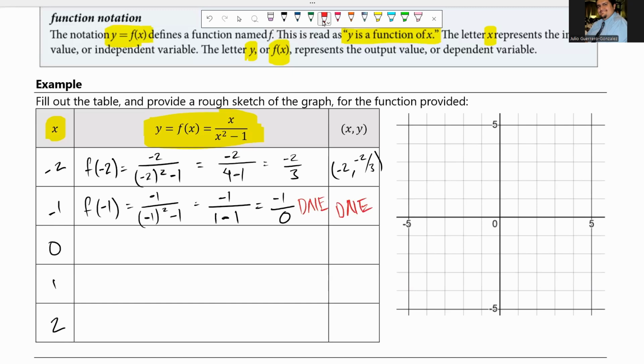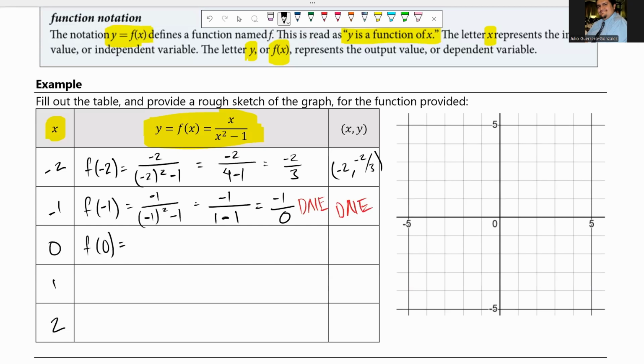Keep this in mind, I'm going to come back to it. But I will leave you with this: whenever you have something that is divided by 0, you can't have it. That is not explainable. We have no explanation for it, so that's why we say it does not exist. Okay, let's move on for now. Keep that thought in the back of your mind.